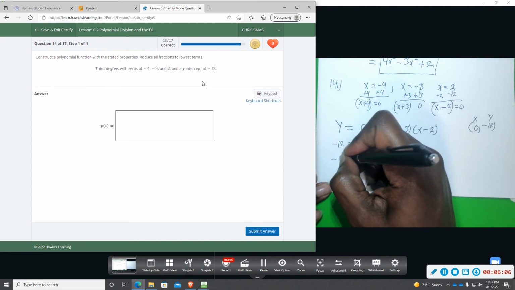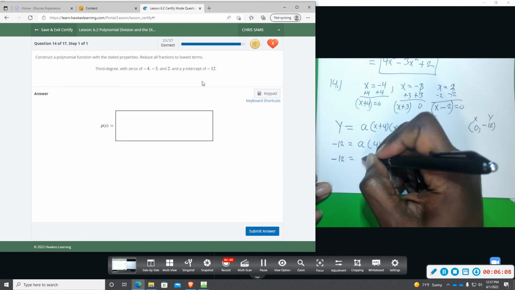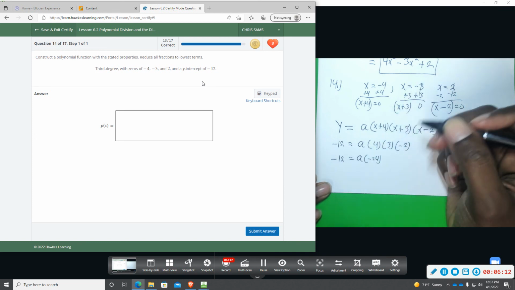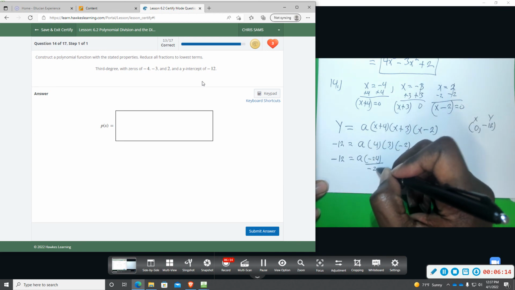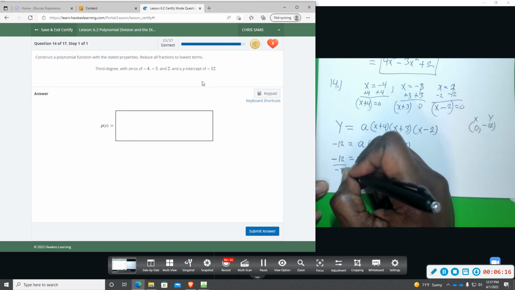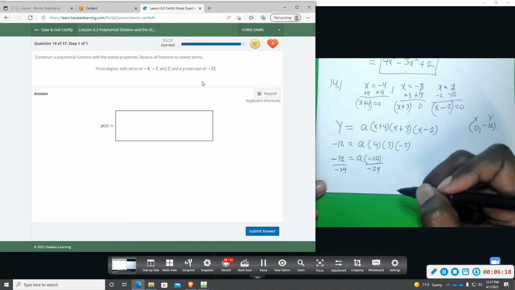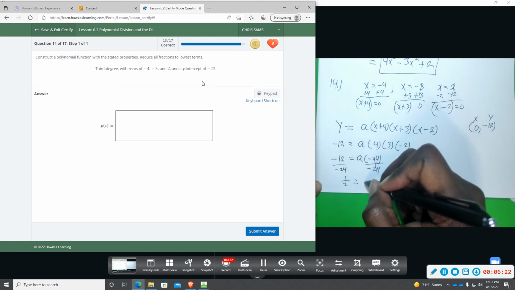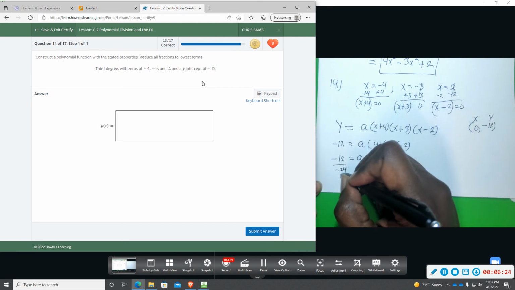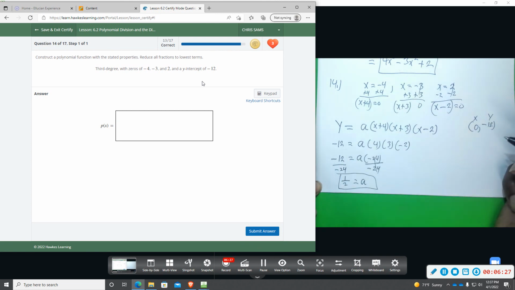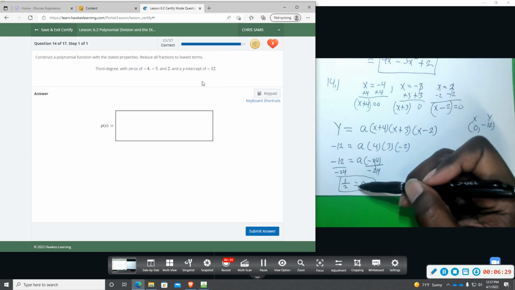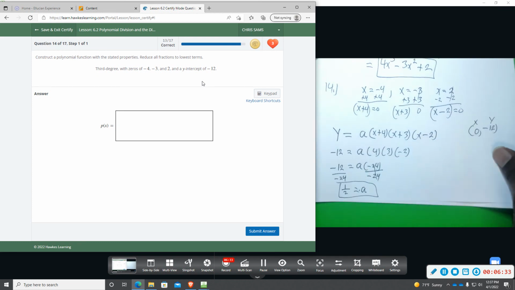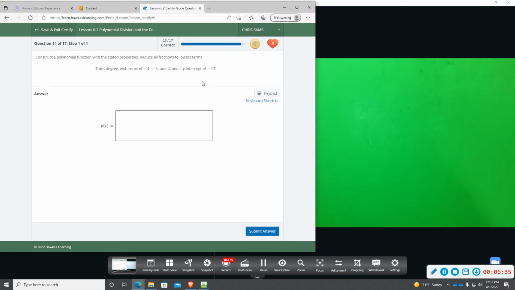So we have negative 12 equals a times negative 24. And then we're going to divide by negative 24 on both sides. And then we get that 1/2 is equal to a. So a is equal to 1/2. All right. So I'm going to plug in 1/2 here, and then I'm going to FOIL all this out. But I'm out of room, so I'm going to go to the next page.